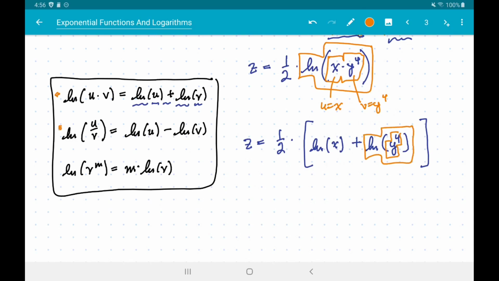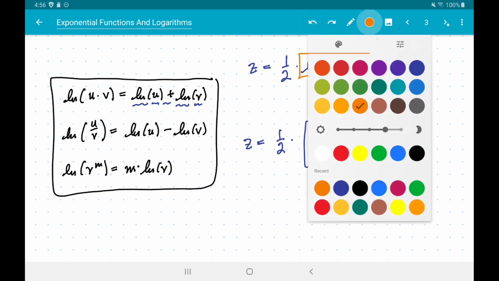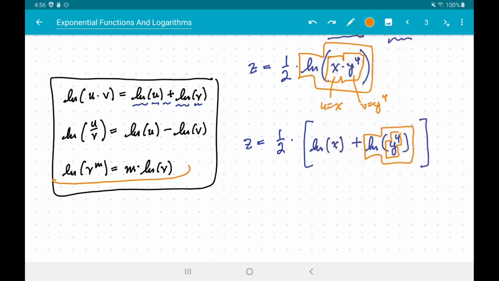So of these three properties of exponents and logarithms, which one can we apply to ln of y to the fourth to take it apart? That's the one we want to use. We're going to match v with y, and m will be 4.